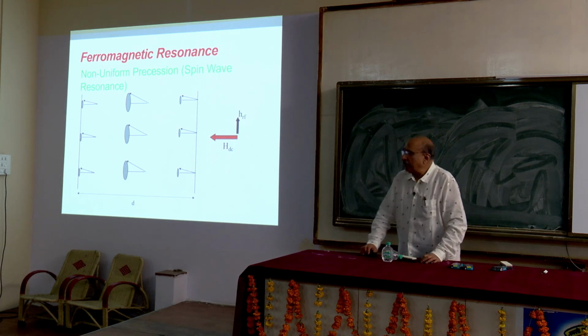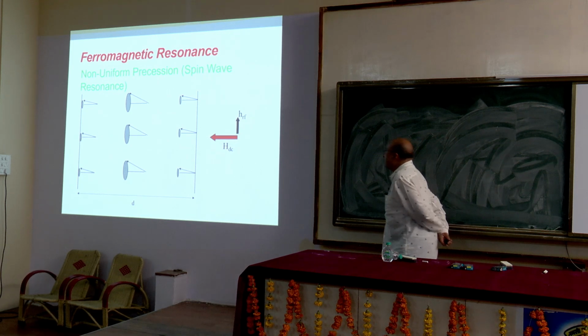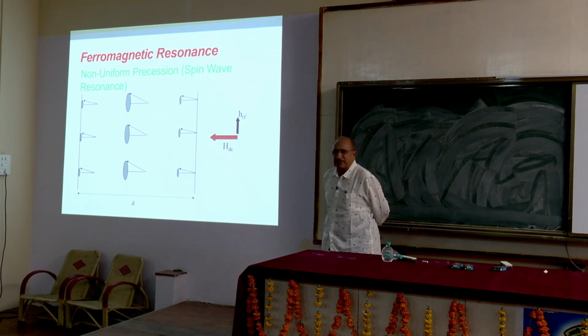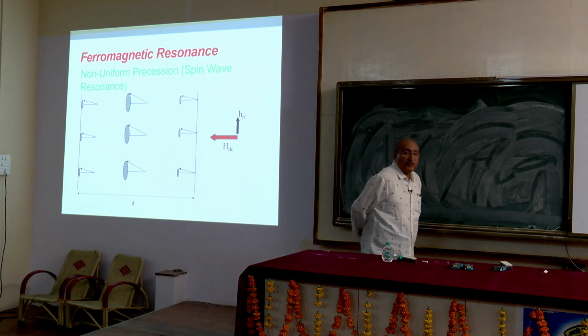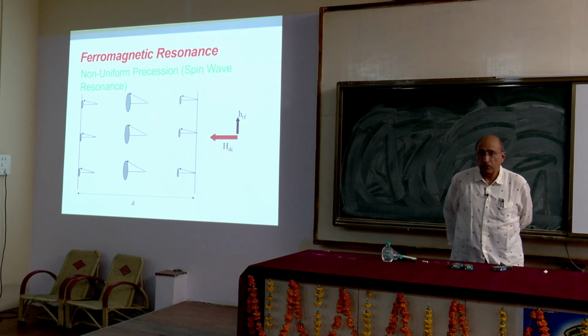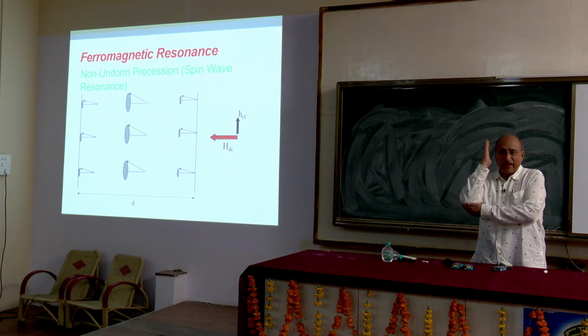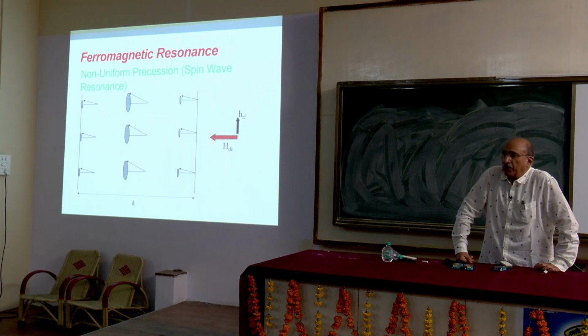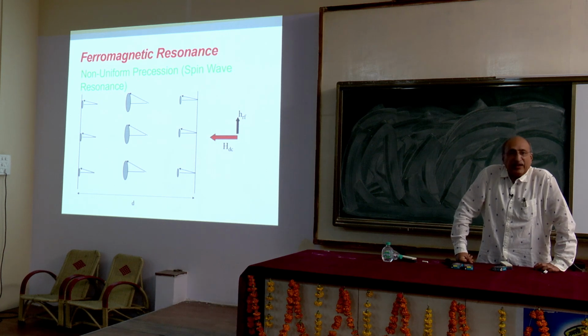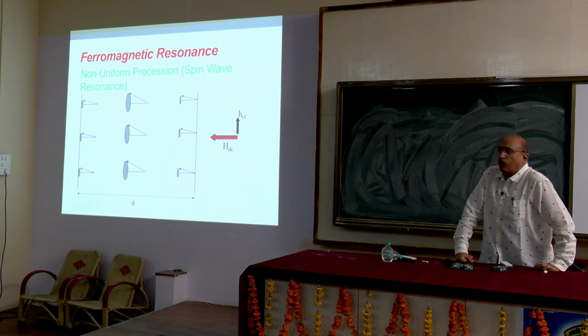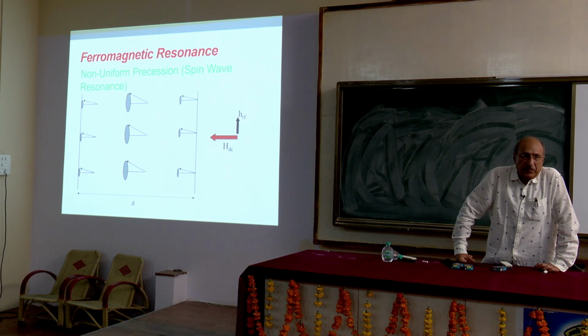This is a case where you find the magnetic moments at this surface are precessing somewhat differently, at least with different amplitude. By amplitude, I mean how much is the angle they make with the direction of field. This is what is called non-uniform precession.